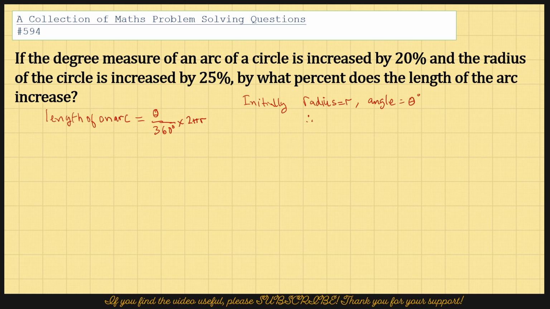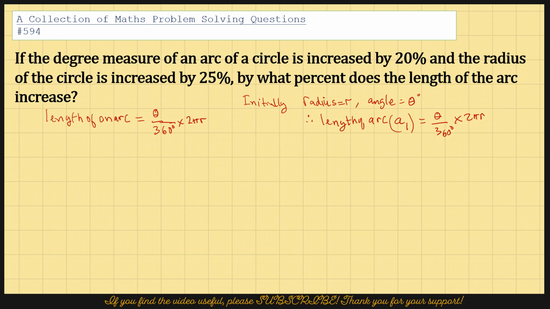So therefore the length of arc, if I say the length of arc is a1, that would be theta out of 360 degrees times 2 pi r.